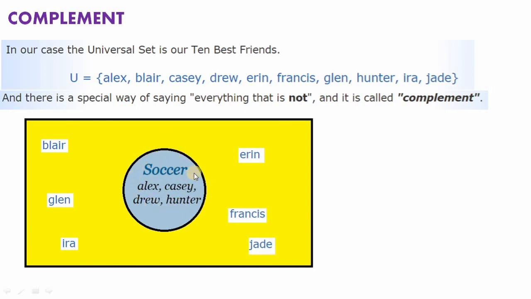Set soccer contains the friends who play soccer, and whoever is left are the people who do not play soccer. Since it is "do not play", these people form a set which is called the complement of soccer.